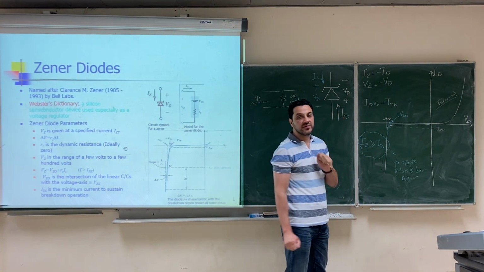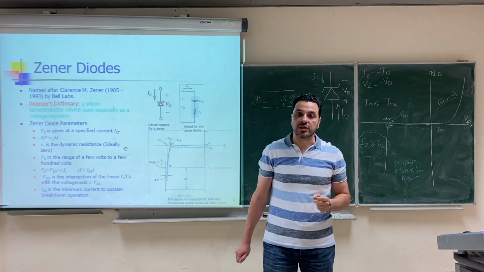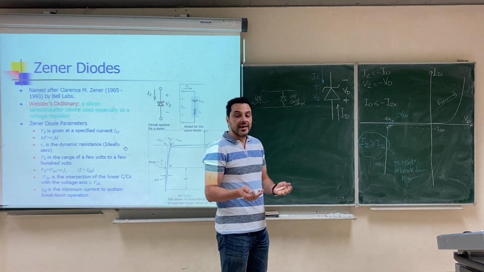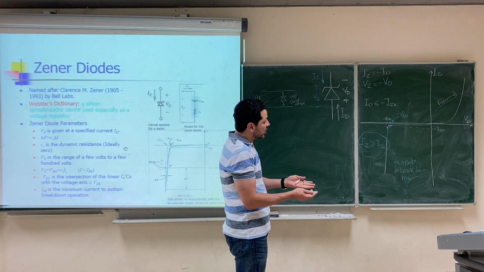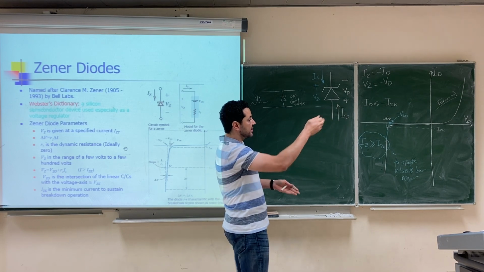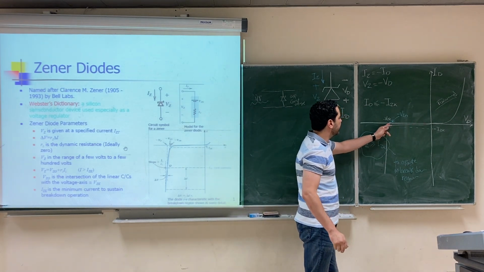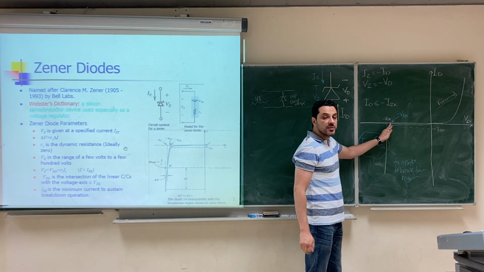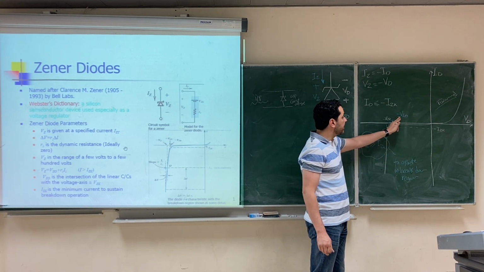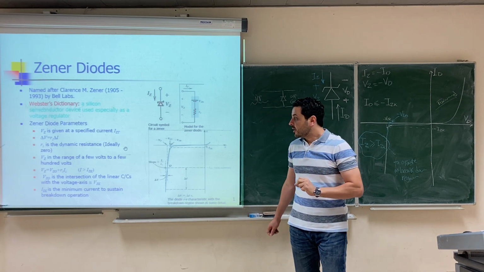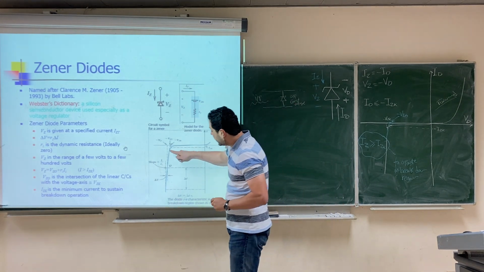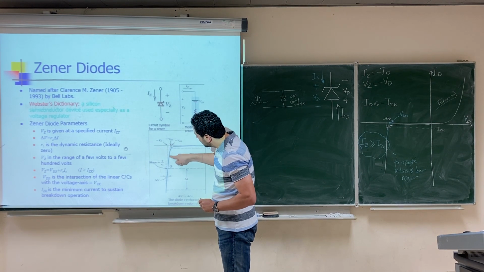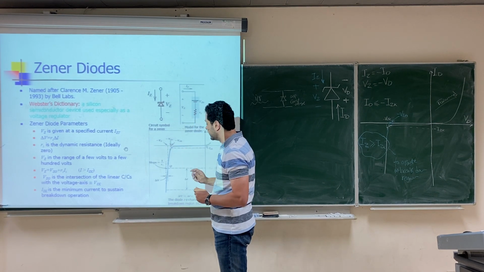What's the importance of this? The importance of negative VZ node is that when we model the breakdown region, we are going to model it using just a straight horizontal line like this and then another line like this. The intersection point between these two lines is negative VZ node. So negative VZ node is the intersection between the horizontal axis and the extension of this linear relation.